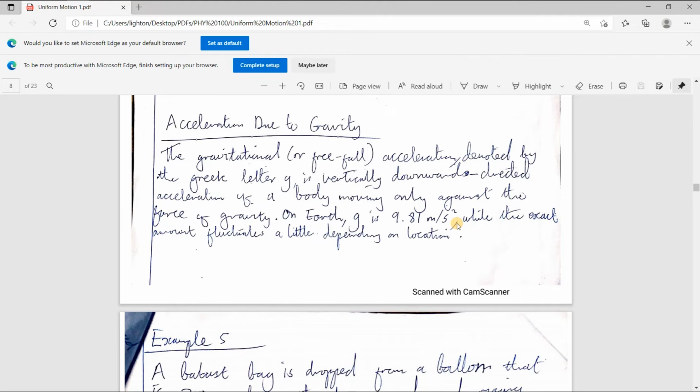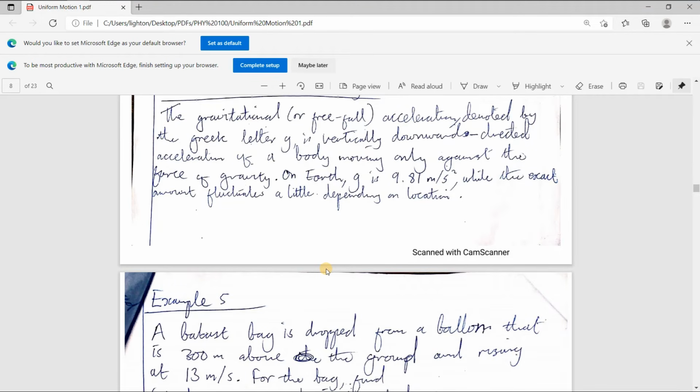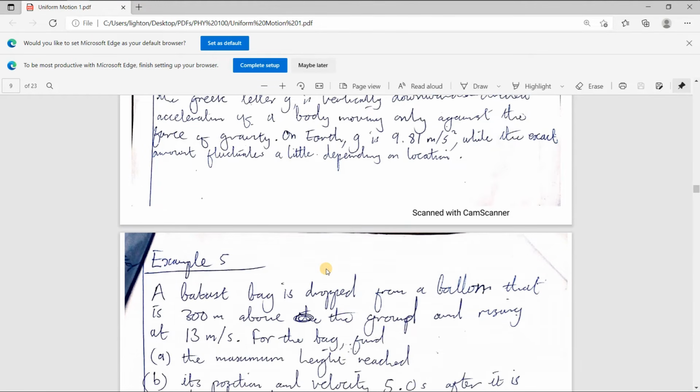For example, someone on the moon may feel a different gravitational force. On the moon it's much smaller than on the Earth, like 6 times smaller.